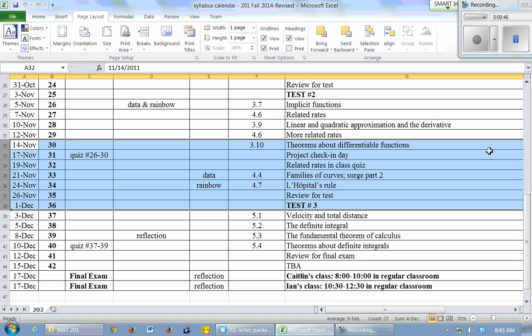That'll be due the next class. And the next class, you have an in-class related rates quiz that will be a group endeavor. And you already have it. You can look at it ahead of time. You have the answer, so all you have to do is figure out how to get there.